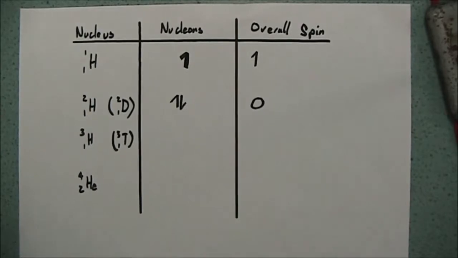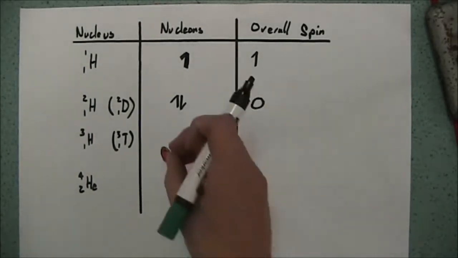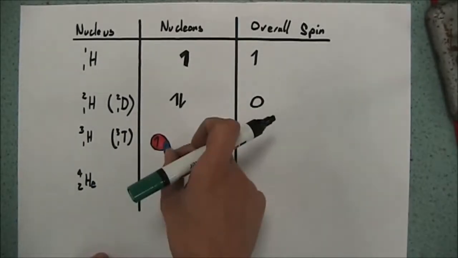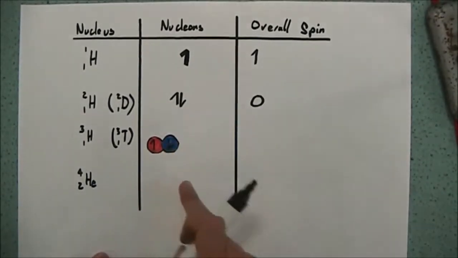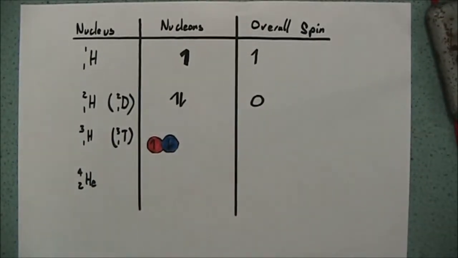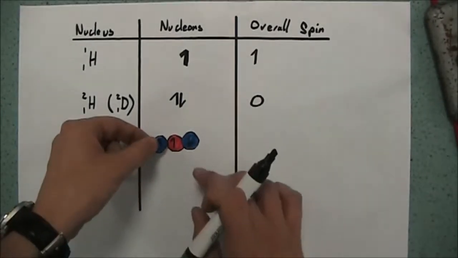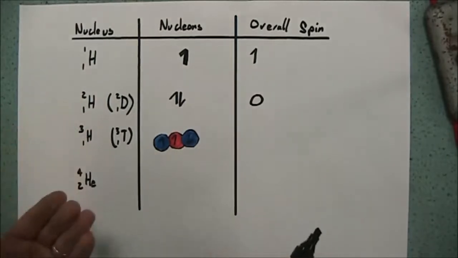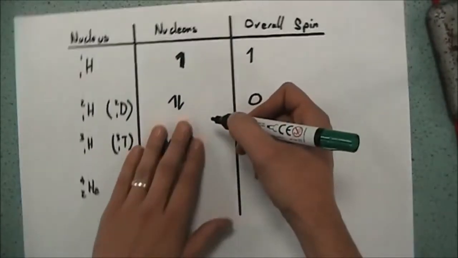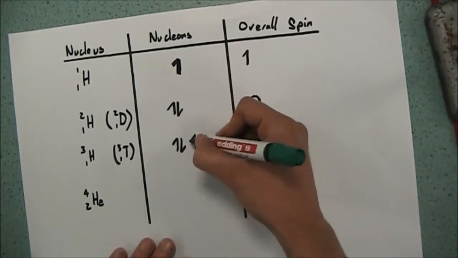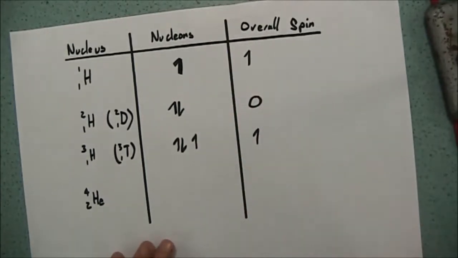If we take tritium, we have 1 proton. The second nucleon I'm going to put in has an opposing spin to the first one, like I did before. And if I take a third nucleon, then it's got to go one way or the other, and so therefore we will have overall a spin in a certain direction again.